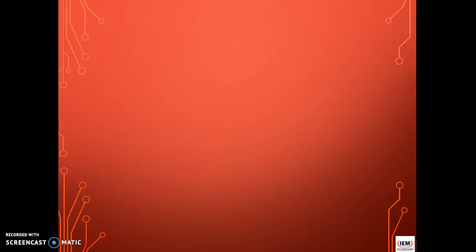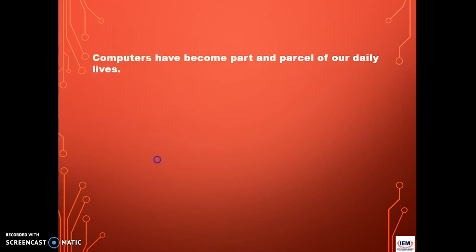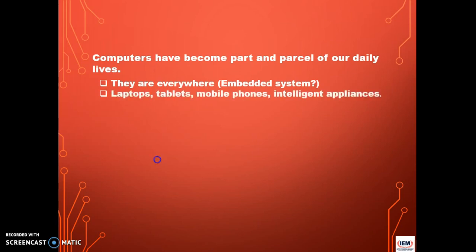To start with this course, we all know that computers have become part and parcel of our daily lives. We cannot disagree with this fact. We see computers everywhere, that is, some kind of processing unit: a laptop which we use daily, a tablet, a mobile phone, intelligent appliances.